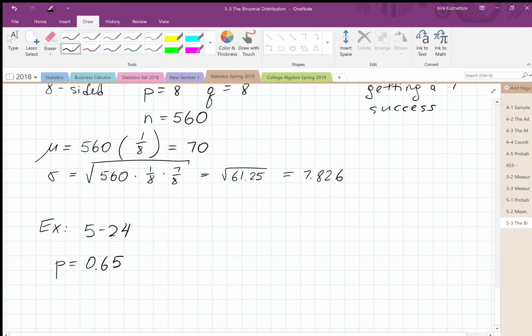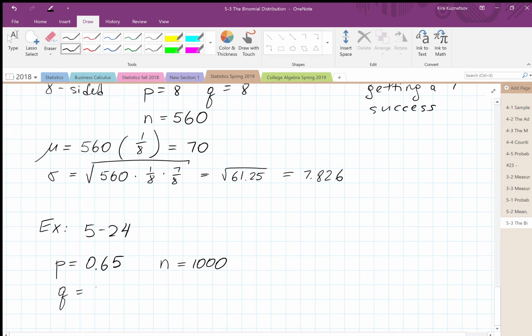I'm going to continue reading. If a random number of 1,000 individuals is selected, so they gave me the fact that they studied 1,000 individuals. Find the mean, the variance, and standard deviation of people who feel this way. So I found q, the p was given to me.